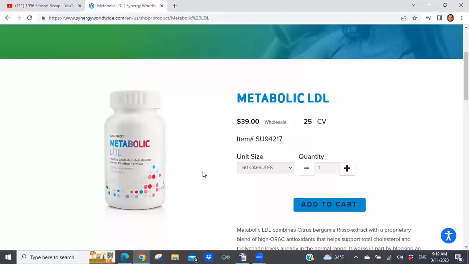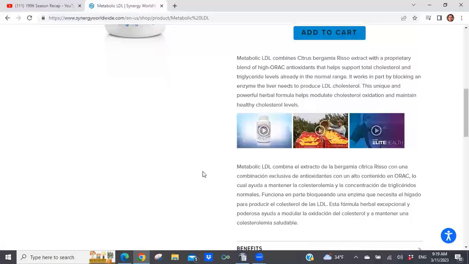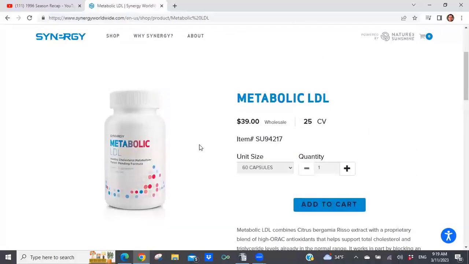Clinically proven to do that, it contains a unique blend of 9 different fruits and vegetables, which have high ORAC values, and when combined with the bergamot fruit extract, they work synergistically together to create even higher ORAC values than if they're tested on their own.